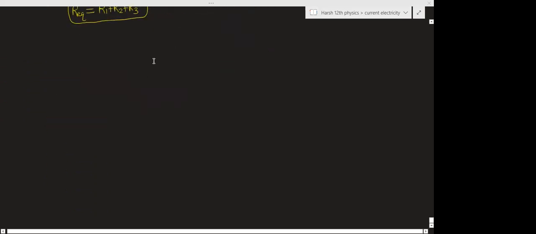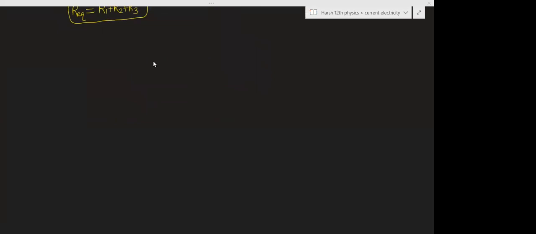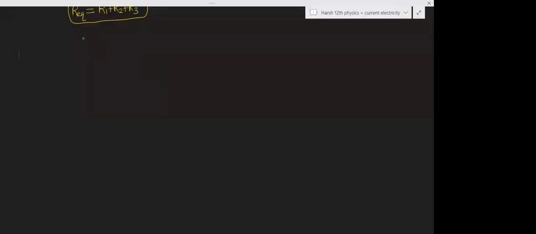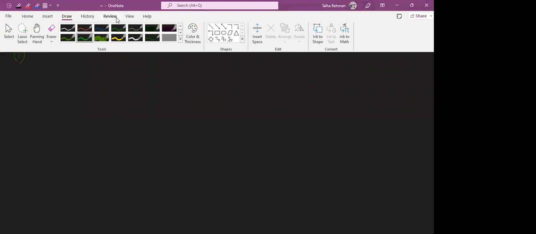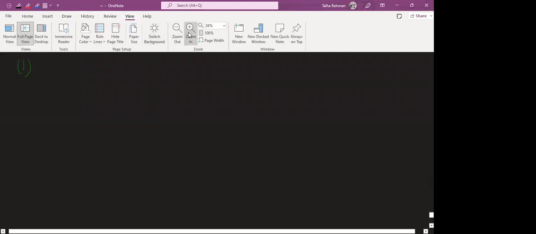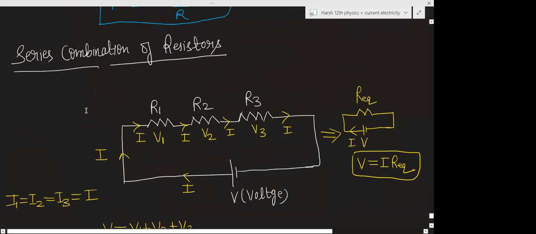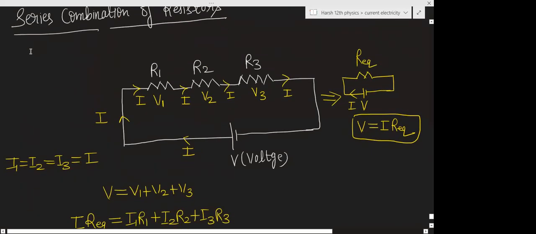Now we will calculate some basic terms. We will do all the things according to this circuit only.